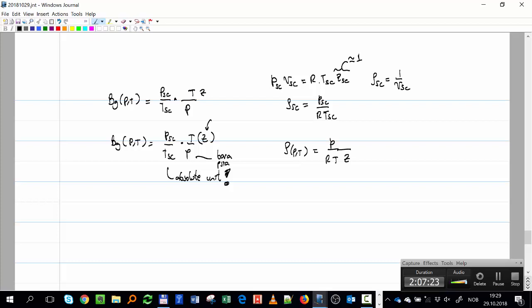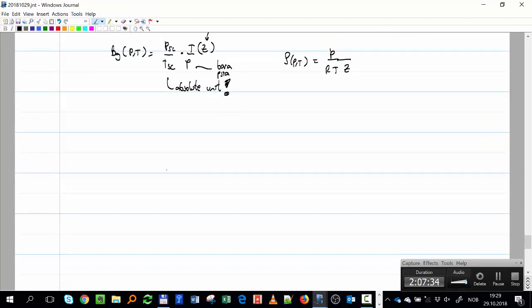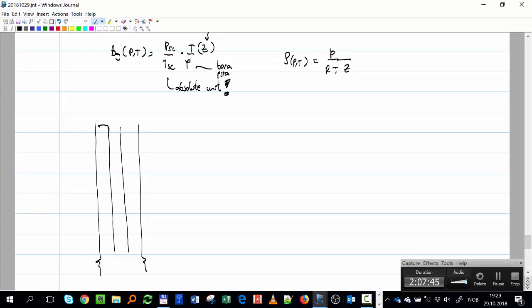So the next exercise we are going to make: we have a well, let's draw a well. We have our tubing, and here we have our valves.